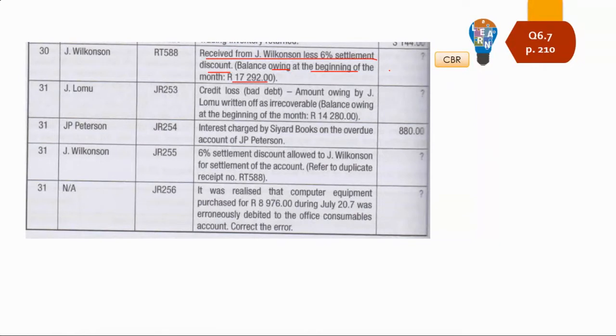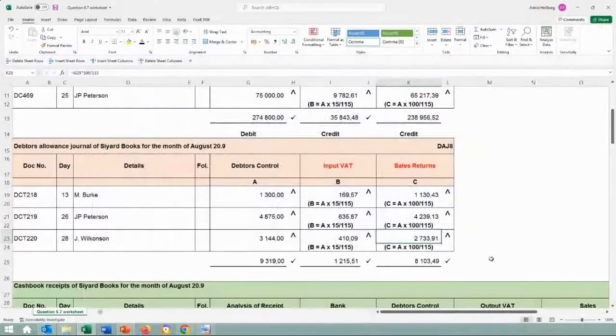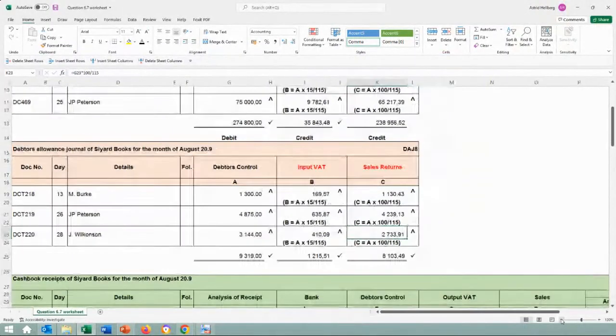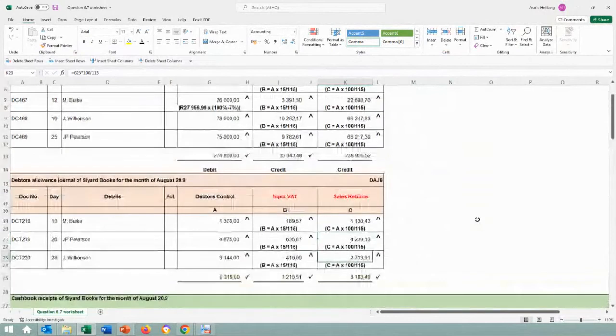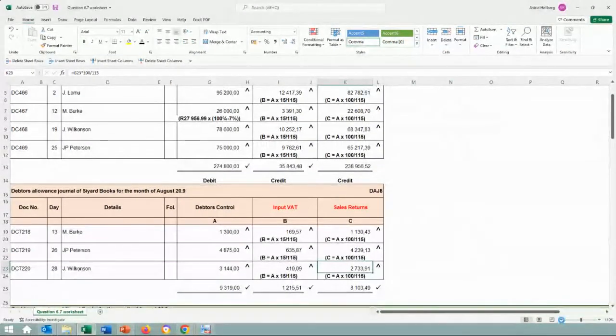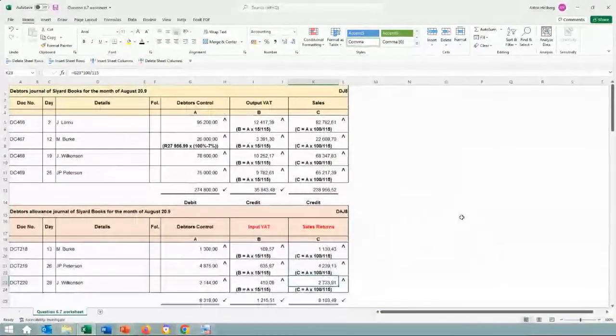Just going to give you a few seconds just to write that down. Okay, and then I'm going to put the Excel up because you will need the rest of the information up there. I'm just going to make it slightly smaller so that all the information is on the screen.